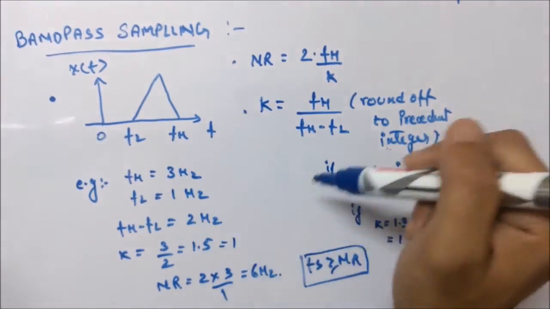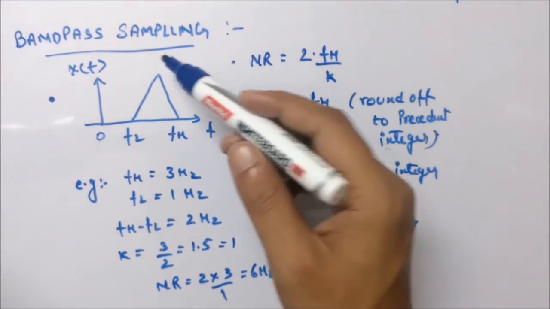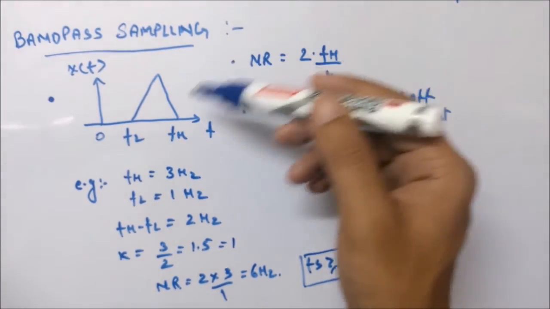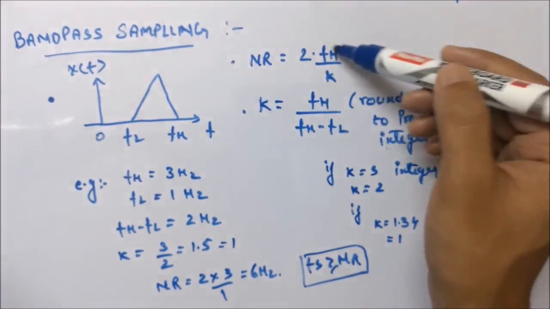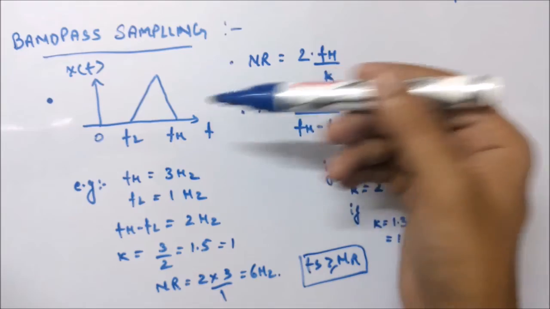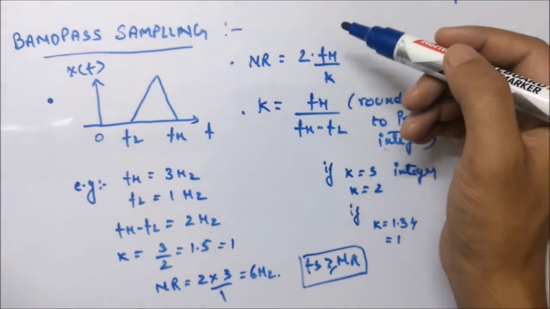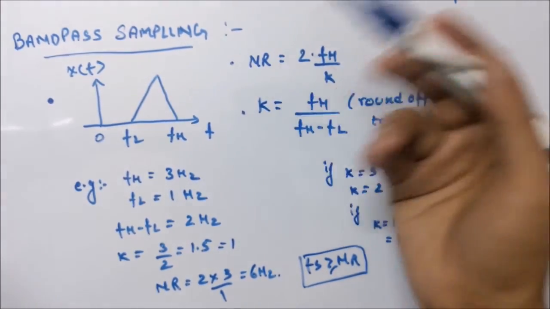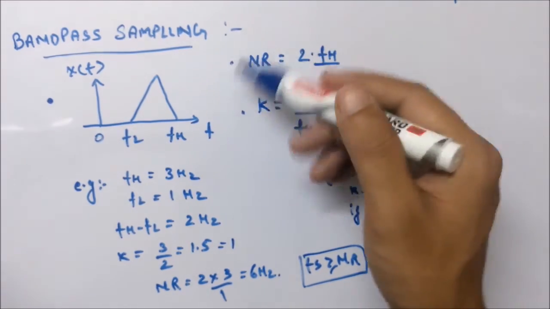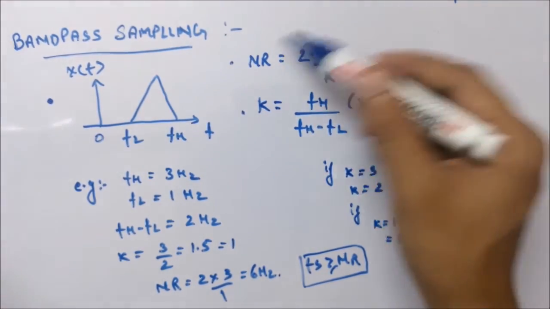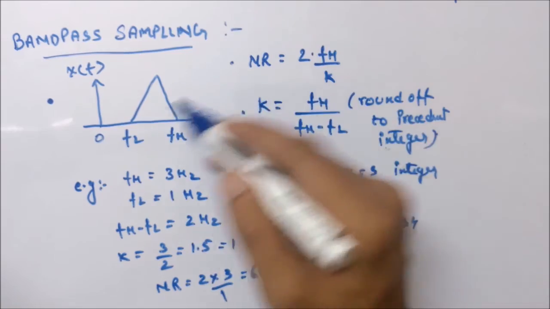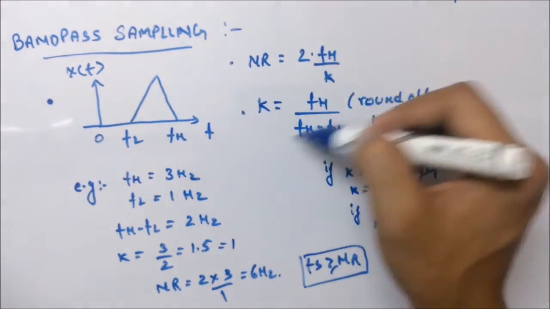I won't be able to make you visualize band pass sampling, plus I won't be able to show you how this came, because I don't know it. I just knew the formula, how you do the sampling and all. If you have a source you can look up, fine, but that's what I know. If you want to sample a band pass signal, that's how you do it.